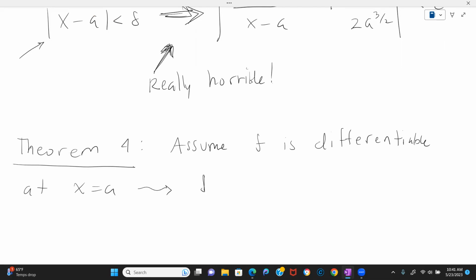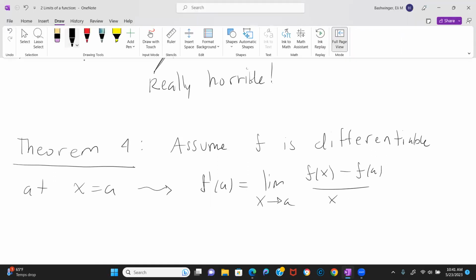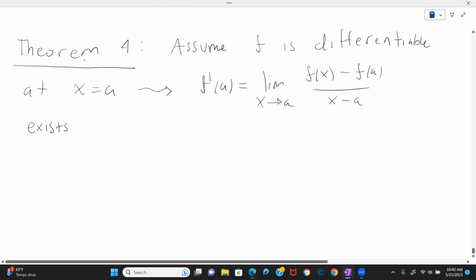It means that f prime of a, which is this limit by definition, exists. So this is what we're assuming. This is what we're starting with.